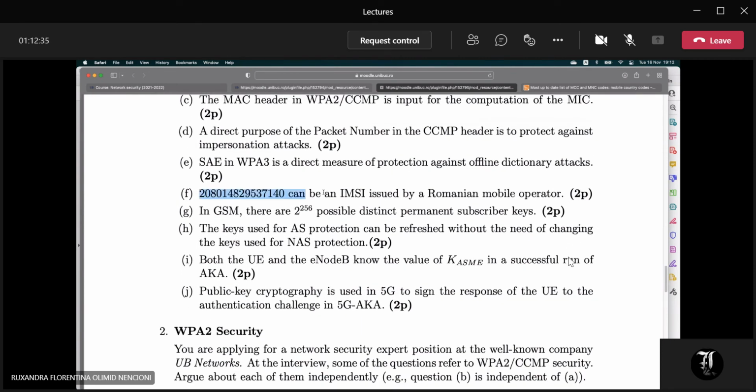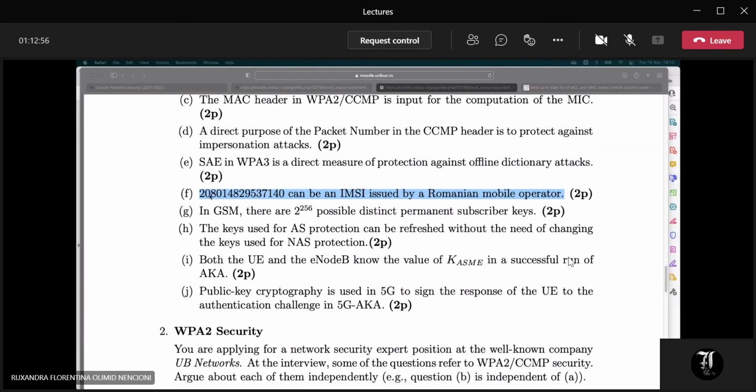We already have one question here we can reply to. Oh, 208 wasn't for Romania, it was for France. Yes. Okay, so it's not correct.